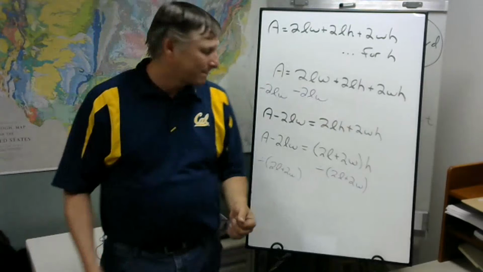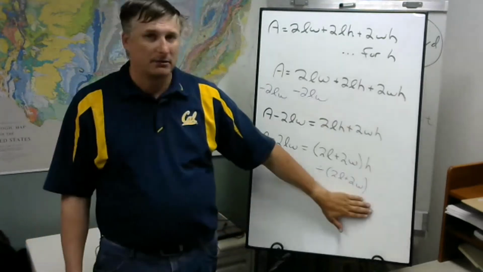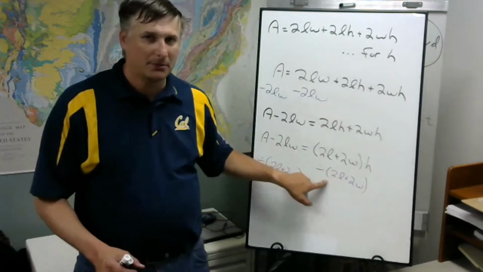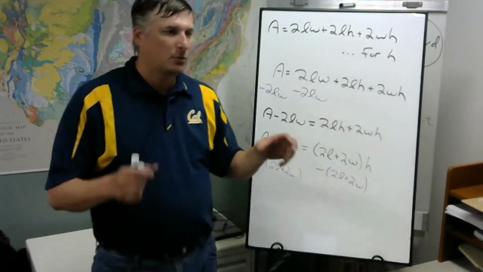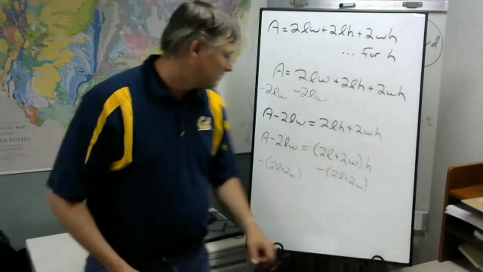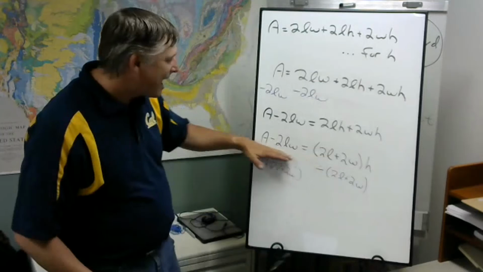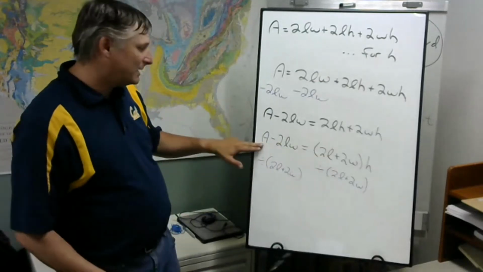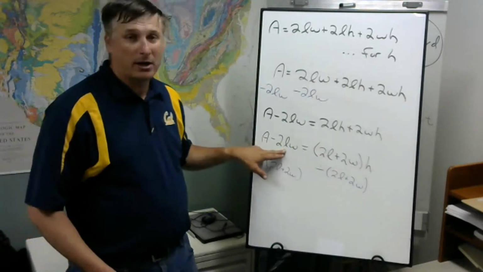Why am I telling you this? Well, when we divide, I'm dividing this entire side by that piece. And what I do to one side, I have to do to the other entire side. I'm dividing the entire side by this one piece. I'm not dividing just the A or just 2LW.